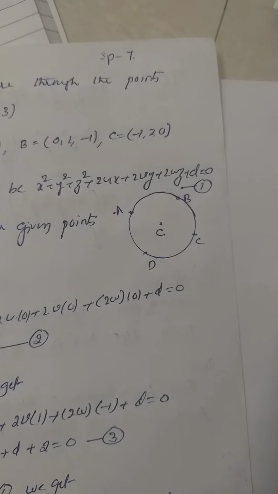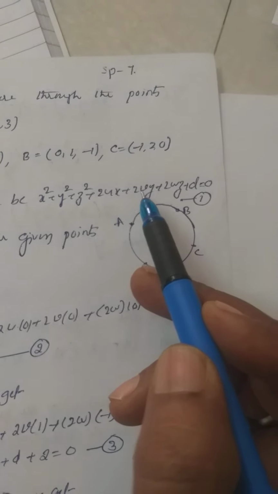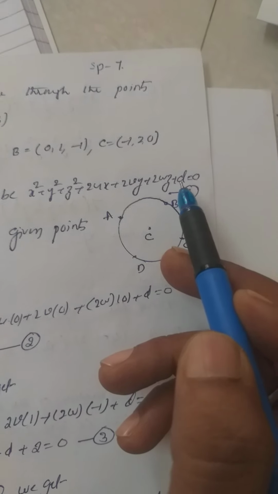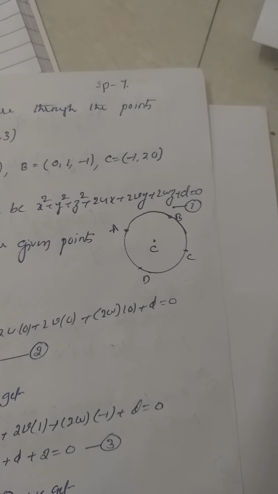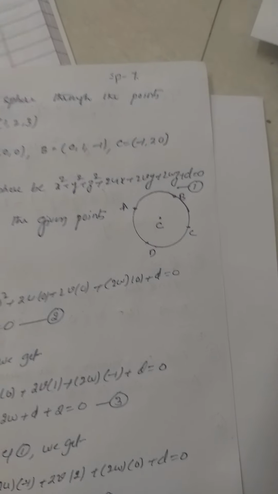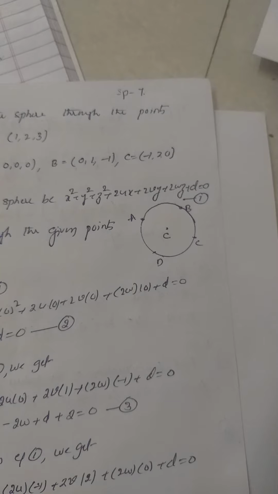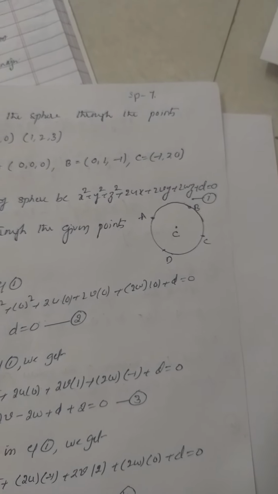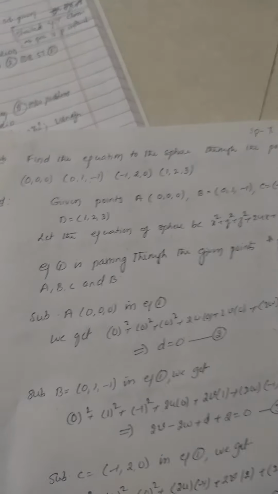Here how many unknowns are there? u is unknown to us, v is unknown to us, w is unknown to us, d is also unknown. There are 4 unknowns. If you know those unknowns, you will get the equation of a sphere. To get these 4 unknowns, we require 4 conditions, or you can say 4 equations. Now that's why here 4 points are given to you.